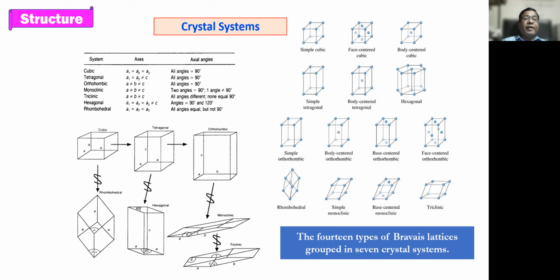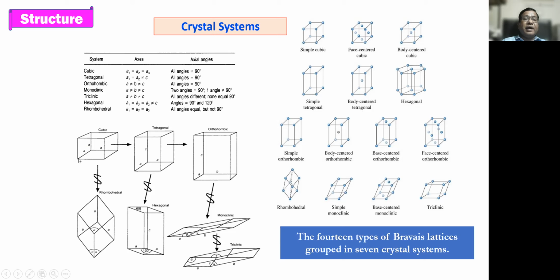So we can have tetragonal, orthorhombic, monoclinic, triclinic, hexagonal, rhombohedral. If we want to see the transformation, how cubic can generate a rhombohedral, this particular symbol is called a skew operation or skew transformation.